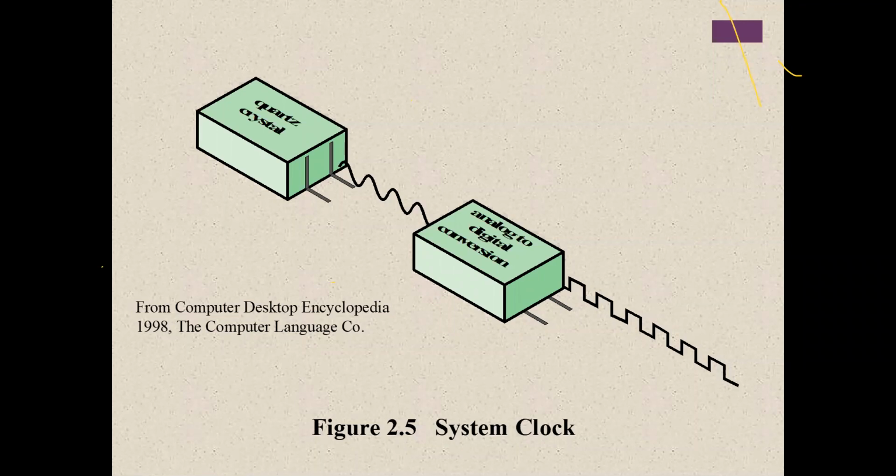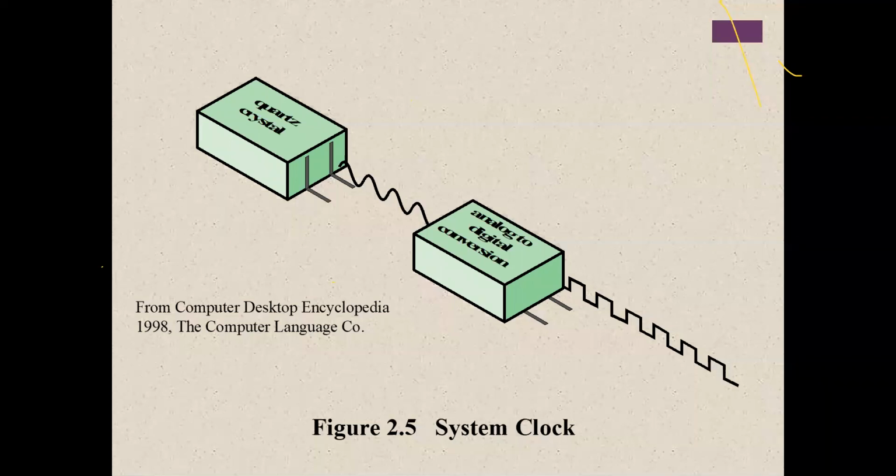So typically the clock signals are generated, like I said, by the quartz crystal in a sine wave while power is applied. And the wave is converted into a digital voltage pulse stream, which is provided in a constant flow to the processor circuitry.